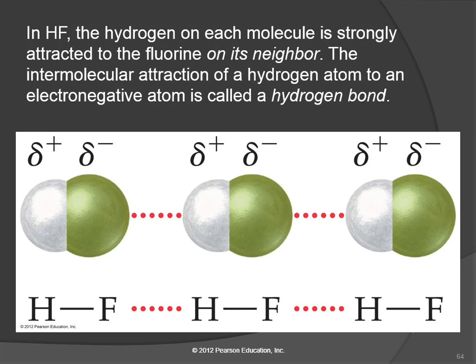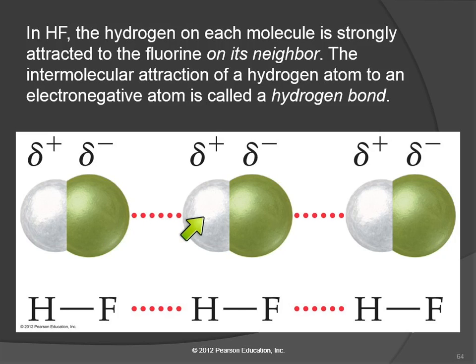So here we have hydrogen fluoride. Fluorine hogs the electrons, and so this is a large partial negative charge and a large partial positive charge. The negative end of one hydrogen fluoride molecule is strongly attracted to the positive end of the neighboring one.